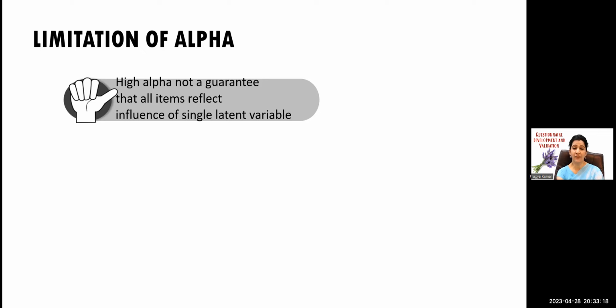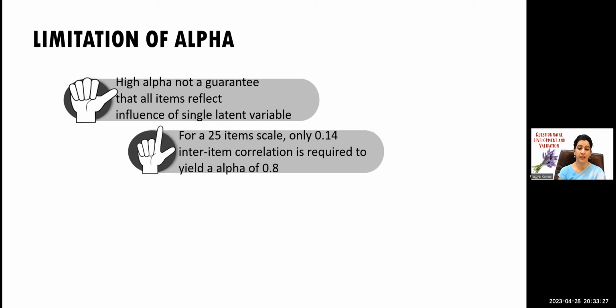A high alpha never guarantees that all items reflect a single latent variable, because yesterday we discussed that the item-rest correlation should be at least 0.3. That means it is measuring the same construct.